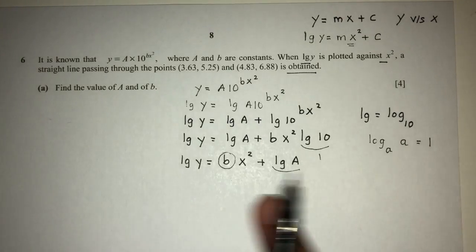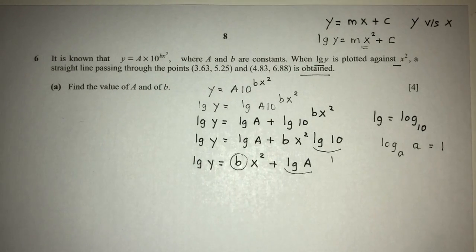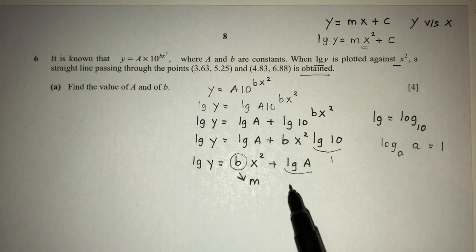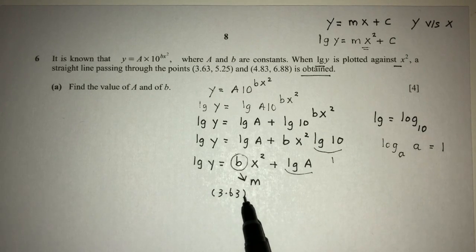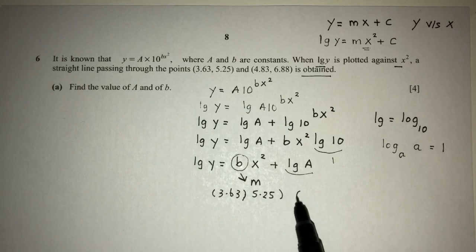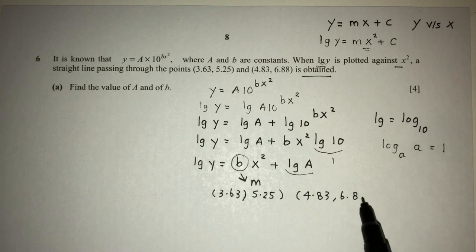Now we have to use this to find the value of a and b. As you can see, b here is the gradient. We know the passing points, which are 3.63 and 5.25, as well as 4.83 and 6.88.